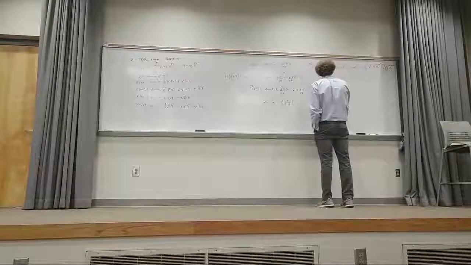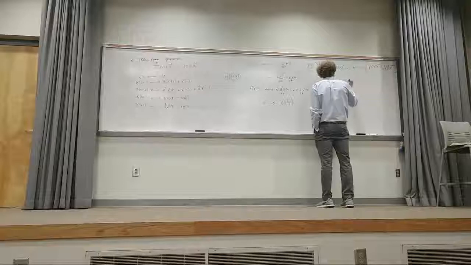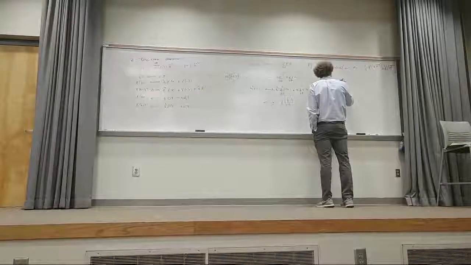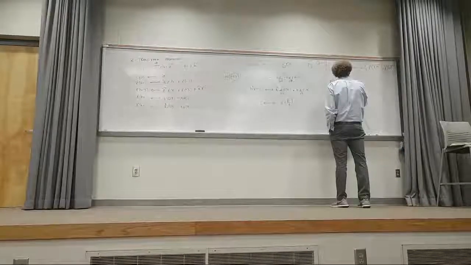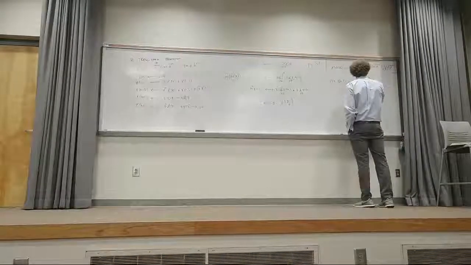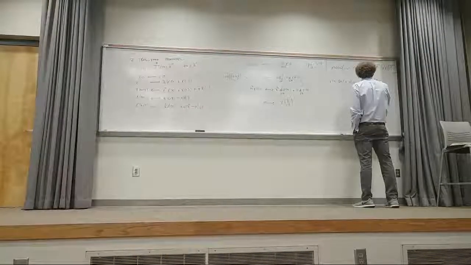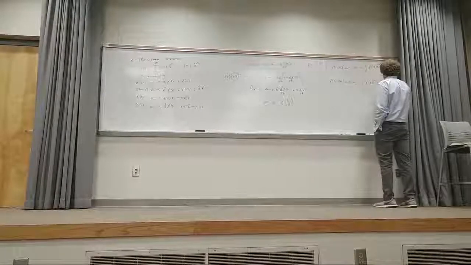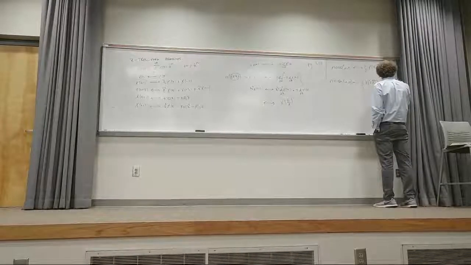Then, if you have x of n times sine of omega naught n, as you might gather, it's j over 2, but now it's going to be x of z e to the j omega naught right there, and then minus x of z times e to the minus j omega naught.